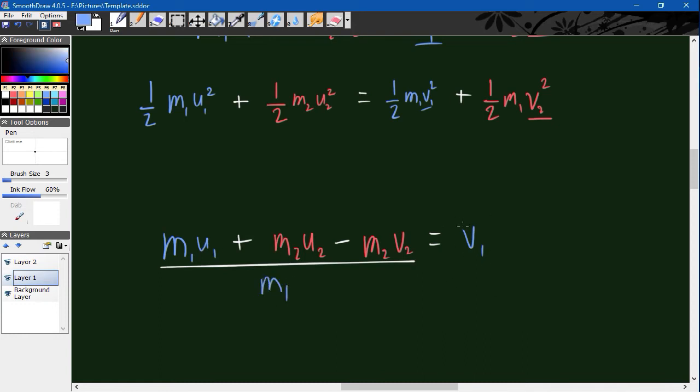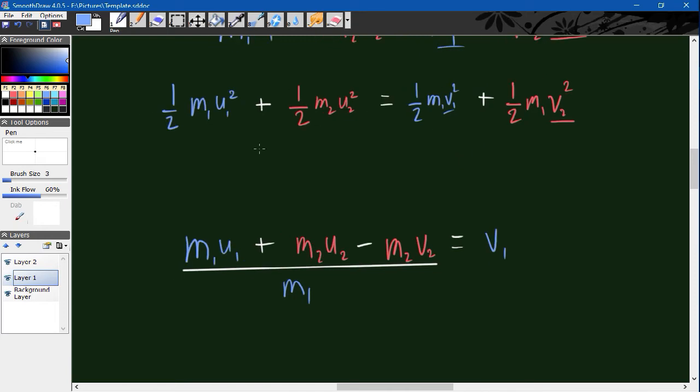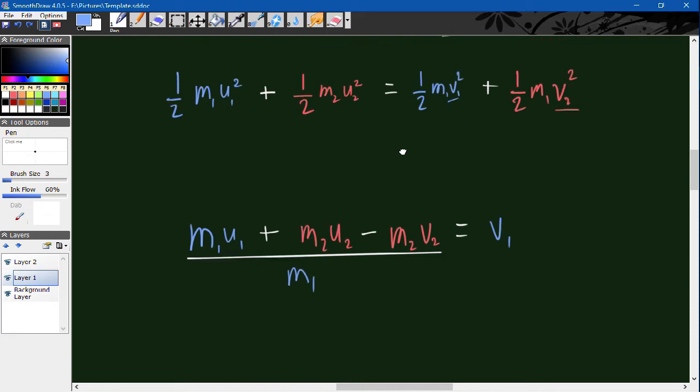So we have the final velocity of 1. And then you see this variable, we could plug it in straight right here. Yeah, we're going to do it.